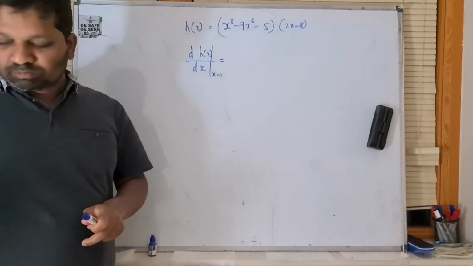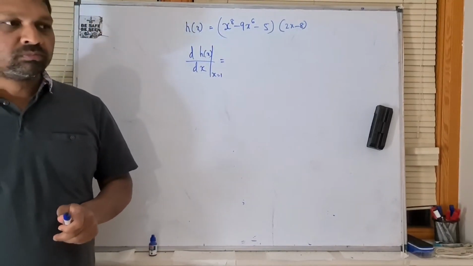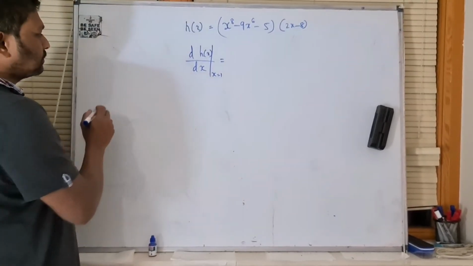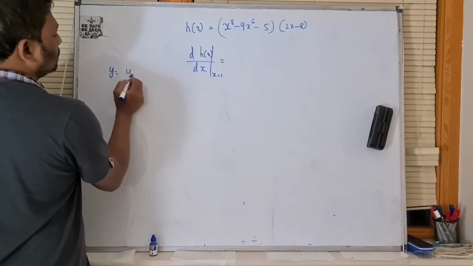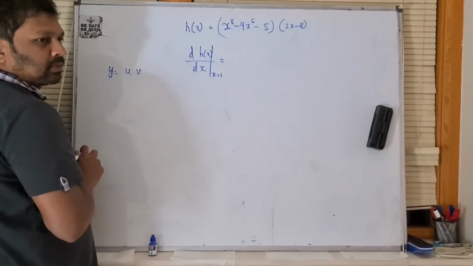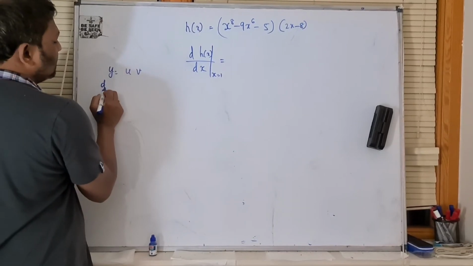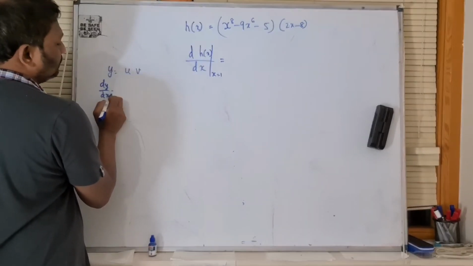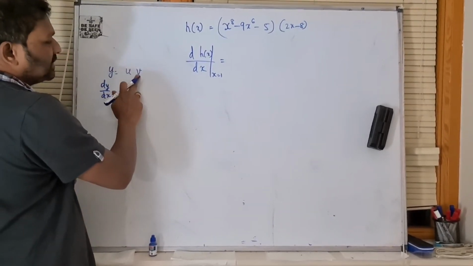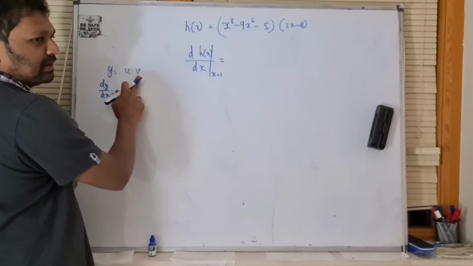Differentiation. What is the differentiation here, dy by dx? u is a function of x, and v is a function of x. They're getting multiplied.